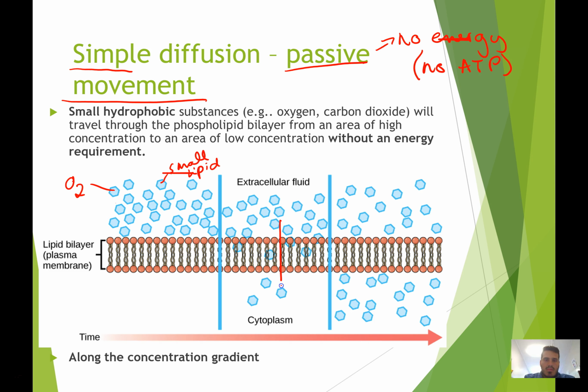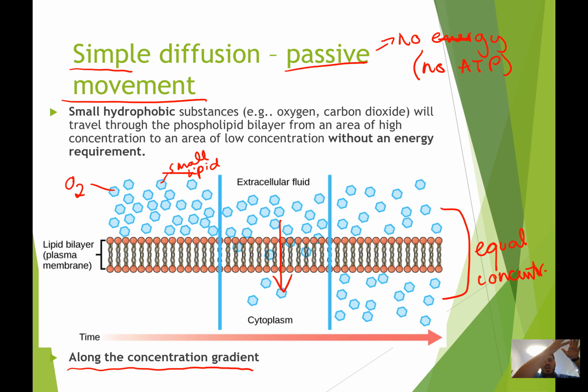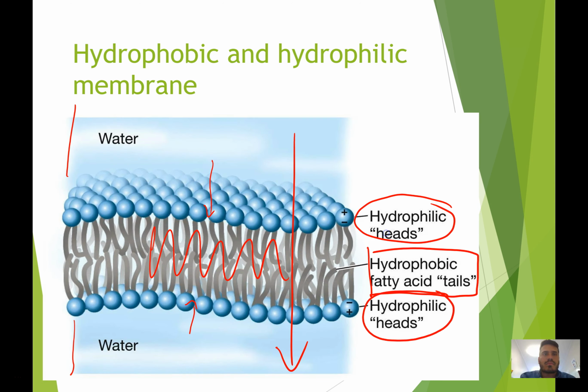So we're going to get this movement in this direction until we're getting equal concentration. This is what we call moving along the concentration gradient, where the movement is going from high to low, and we're looking at stabilizing everything. We want equal concentration on both sides, if possible.